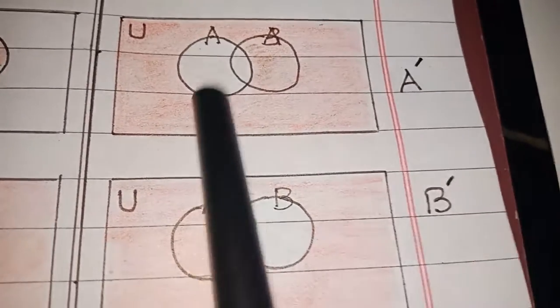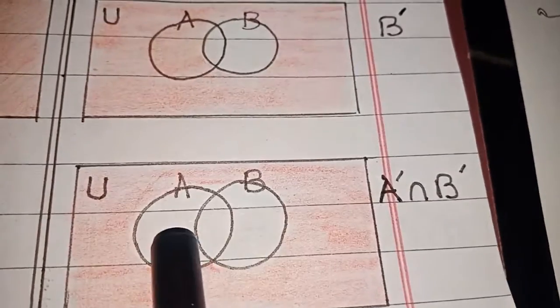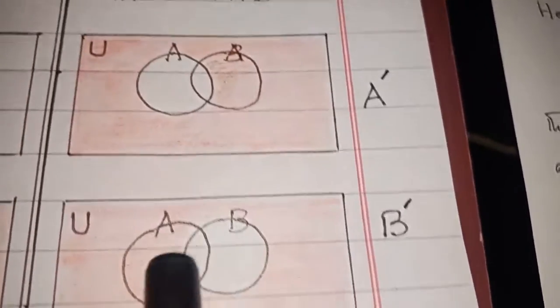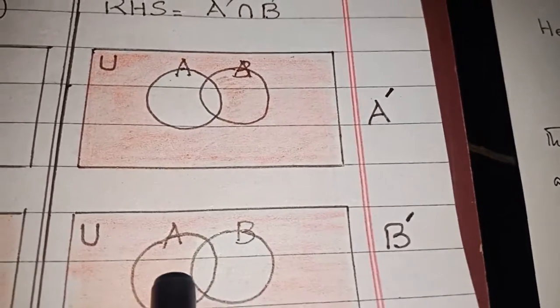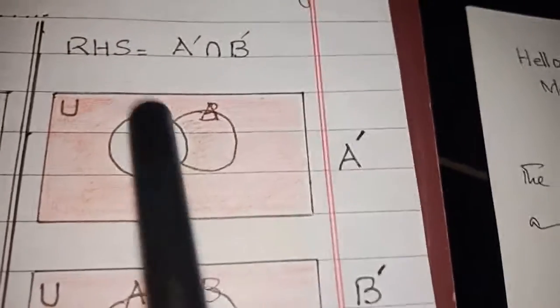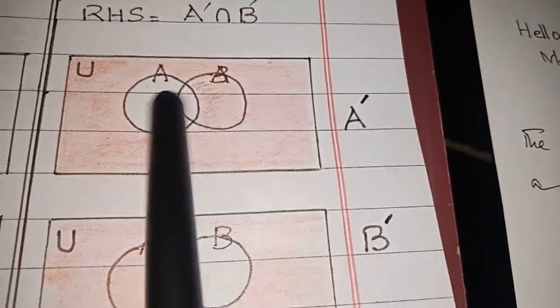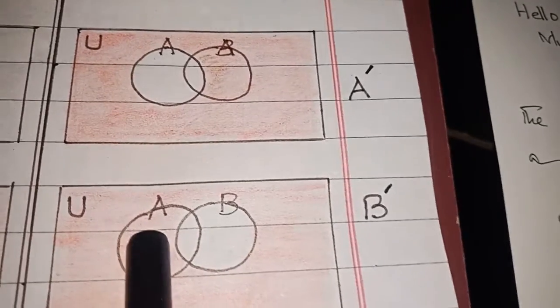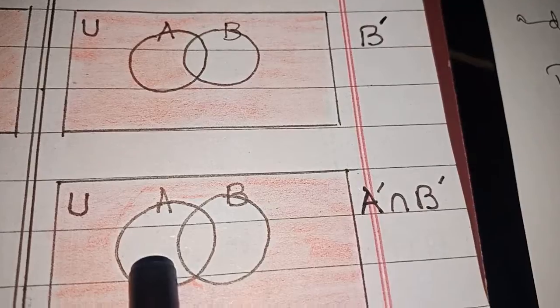So we'll leave the A set uncolored, because we are finding their intersection. We'll color a part in the third picture only if both of the circles are colored there, otherwise no. Here it is not colored, and here some part of A is colored. So I leave it uncolored.